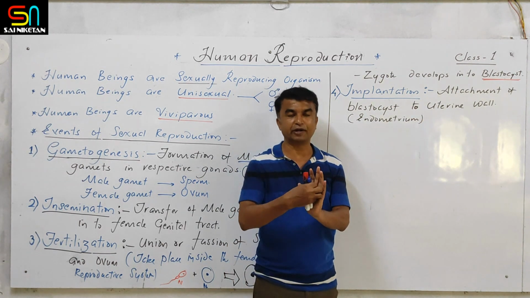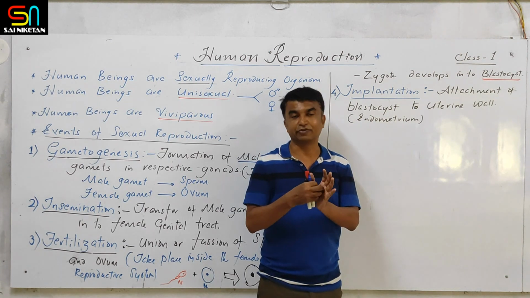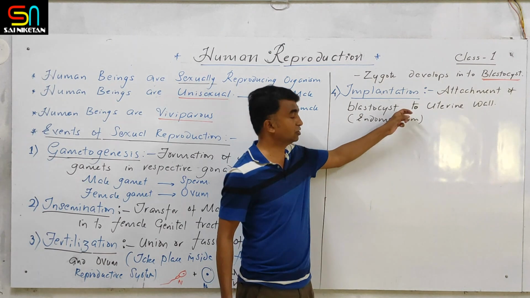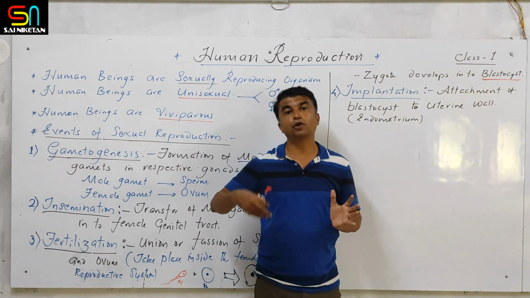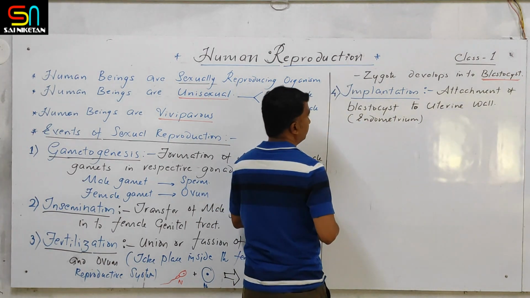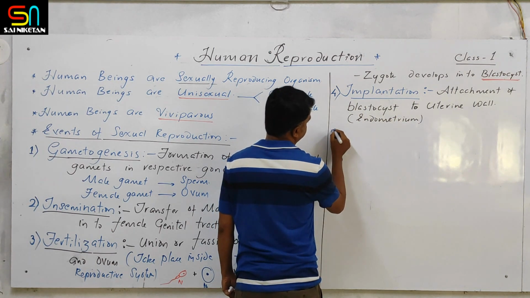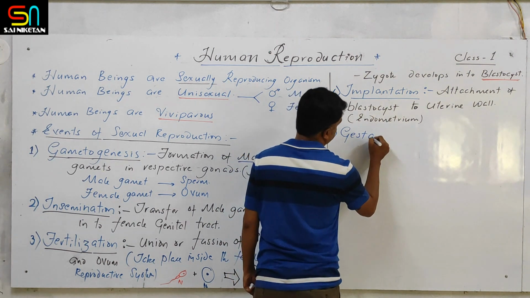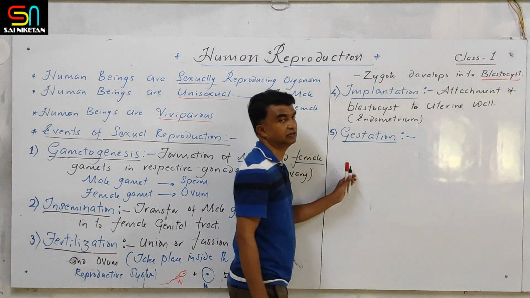When it attaches to the endometrium, a physical and functional connection develops. That is nothing but the placenta. So the attachment of the blastocyst to the uterine wall is called implantation. From that point onwards, embryo development takes place. The further development after implantation is called gestation or pregnancy.